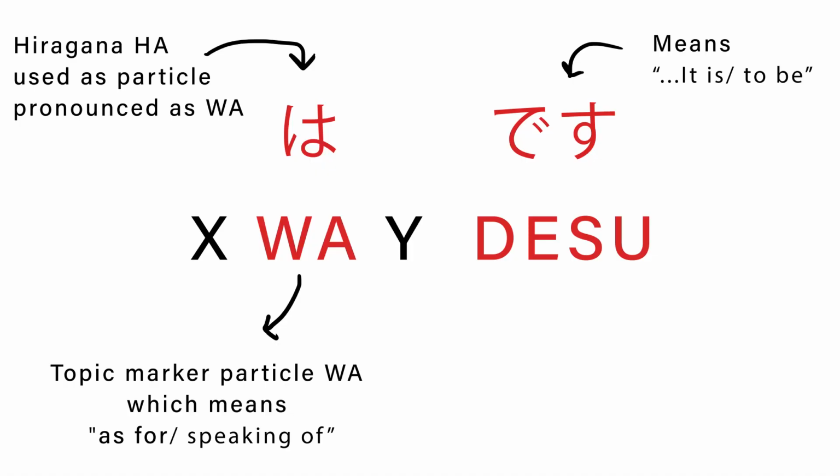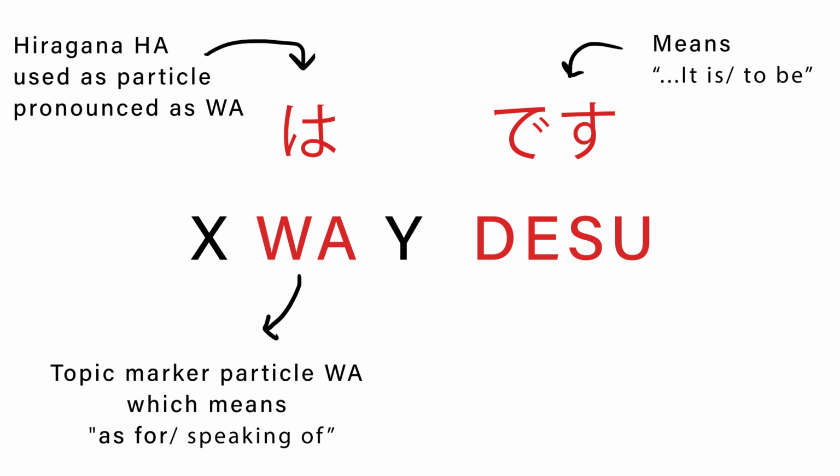So today, as you can see from the title, we'll be learning Japanese grammar, well, the basics of Japanese grammar, and we'll be mainly focusing on the particle wa. The basic sentence construction you actually learn for the Japanese language involves the wa particle. As you can see, the wa particle is written as the character for ha, but it's actually pronounced as wa when it's used as a particle.